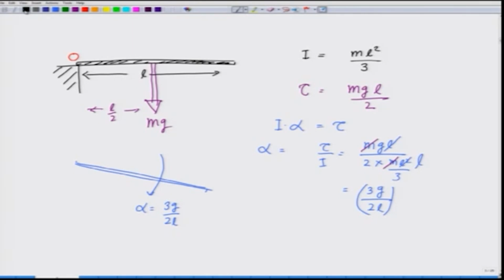and therefore, at any point at a distance x, at the beginning, when I can take this angle to be small, the linear acceleration of that point at distance x, which I am showing by this dot here, is going to be alpha times x, which is 3g over 2L times x. Let me make the picture again.